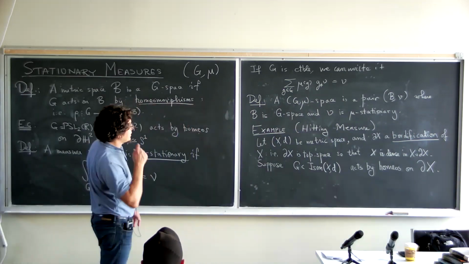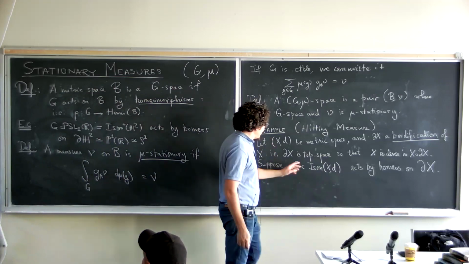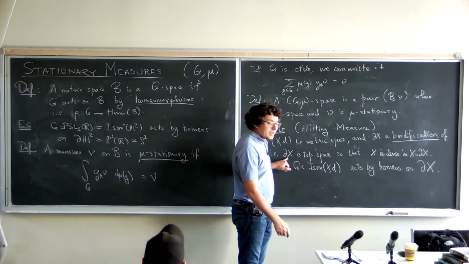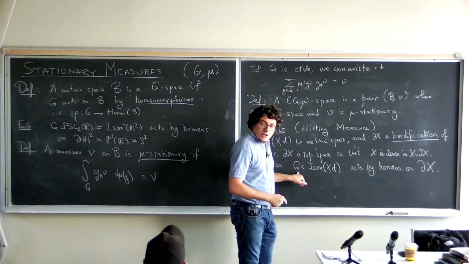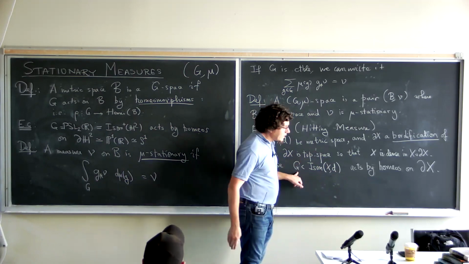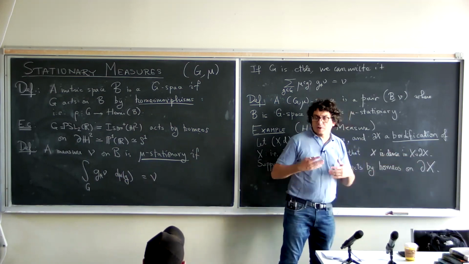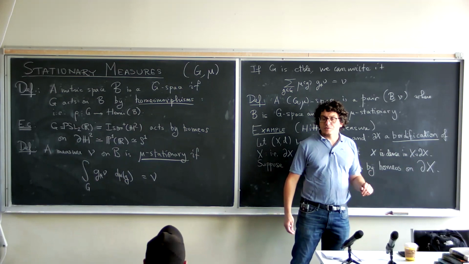In most cases where we have a boundary, this is the case. So we have a metric space, we have G acting by isometries, and then there is some way to define some boundary. For this boundary, the group action extends, but of course not by isometries on the boundary, but by homeomorphisms.